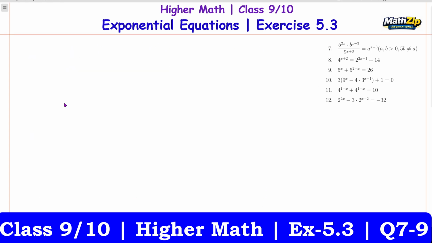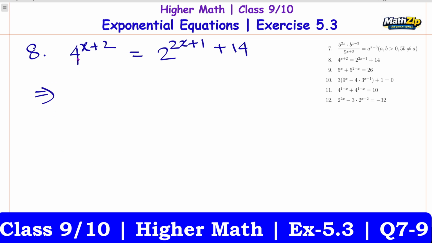Question 8. 4 to the power x plus 2 equals 2 to the power 2x plus 1 plus 14. From here, 4 to the power x plus 2 we can write as 2 to the power 2, it means 4, and here is a times x plus 2, minus.